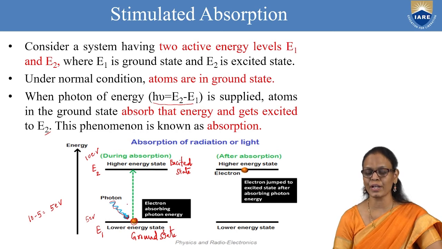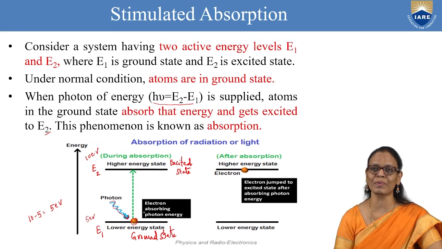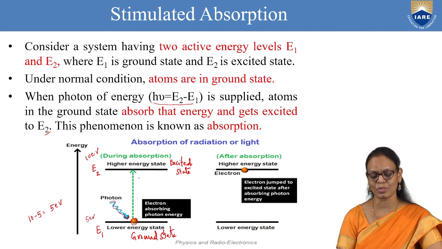So those atoms which are in the lower energy state, when we supply energy in the form of a photon, and the energy supplied must be at least equal to the difference between the two energy levels, then this atom can move to the higher energy level. So it gets excited to E2.